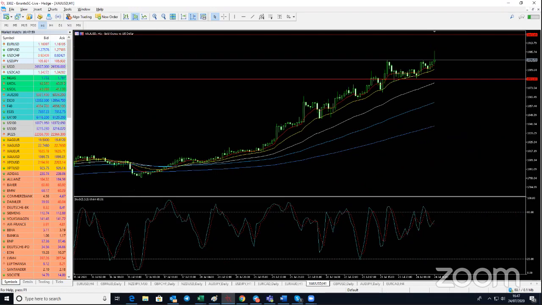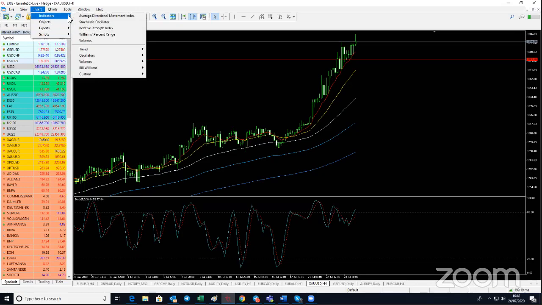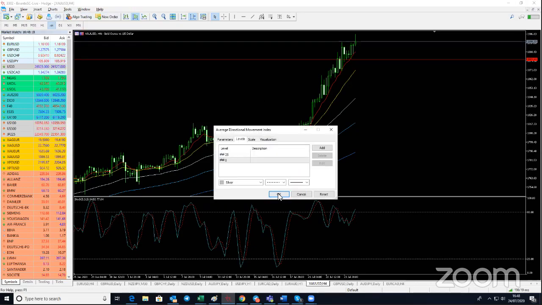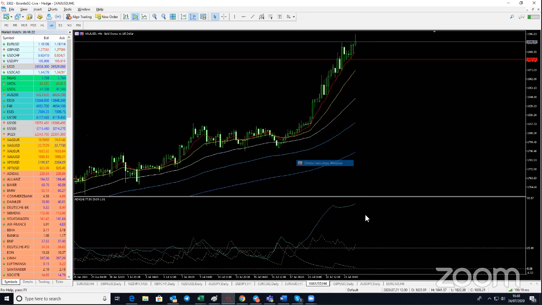And we can see that in the 1 hour chart, it's signaling that pin bar candle. In the 4 hour chart, the same, and all the lines are giving us a very, very strong upward movement. Let's look at the average directional movement index a little bit on the strength of the trend.